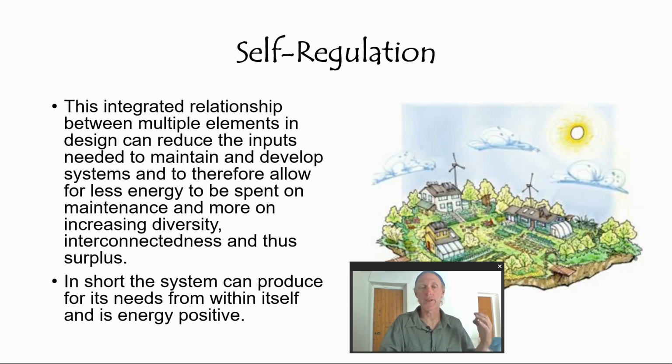And this allows for less energy to be spent on maintenance and more energy on increasing diversity, interconnectedness, and thus surplus. So in short, the system can produce for its needs from within itself, and it is energy positive. It is syntropic. It's not energy negative.